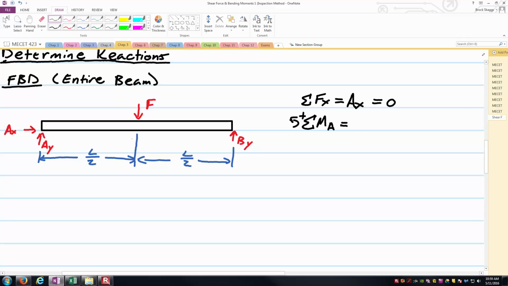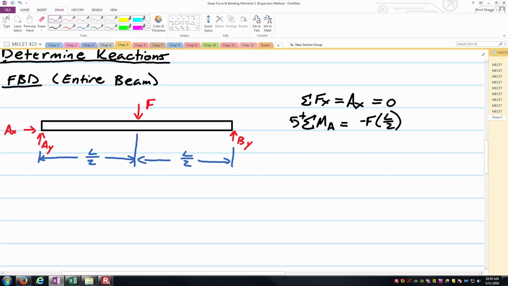In this case, the magnitude will be F times L over 2, but we also have to work out direction. Here you can see it's going to try to cause clockwise motion, and so that'll be negative F times L over 2. You can see I've got my convention that I wrote right before my sigma, my summation symbol, that I'm going to consider counterclockwise rotations as positive. And so that's why we have negative F times L over 2.